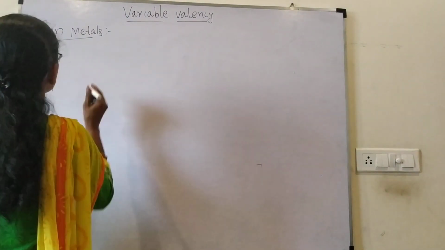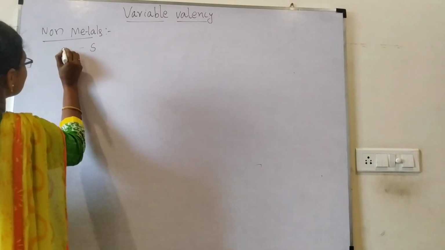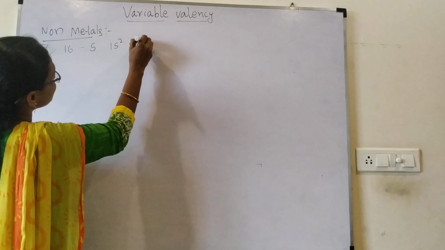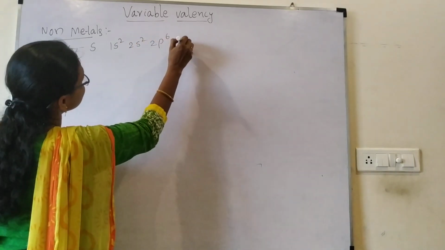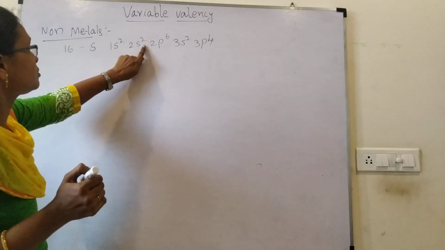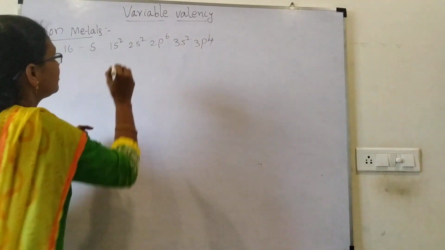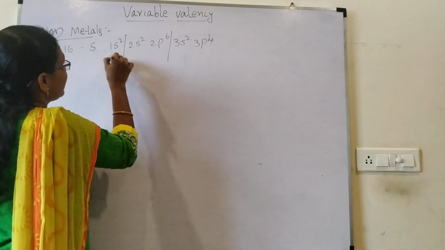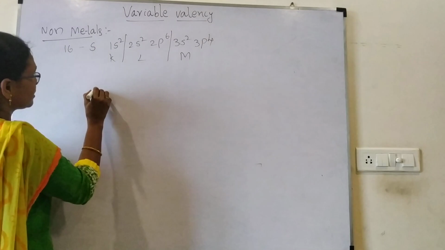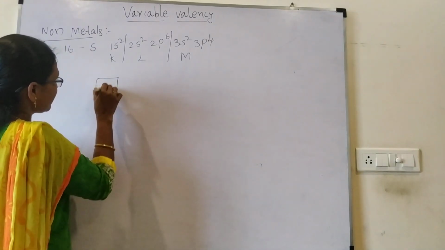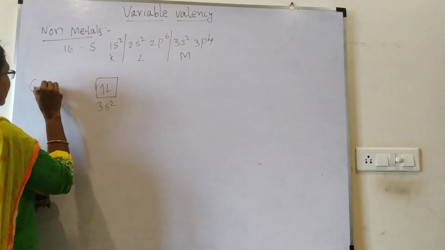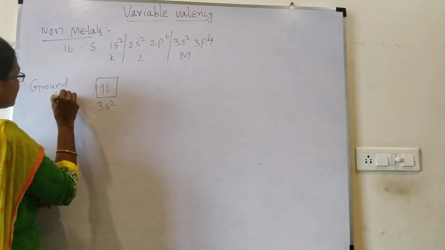Now see here, the sulfur atomic number is 16, right? So the configuration we write is 1s2, 2s2, 2p6, 3s2, 3p4. Correct, no? So 2 plus 2, 4, 10, 12, 16. The valency shell is K, L, M, right? So take the valency shell configuration: 3s2, 1 and 2 electrons, at the ground state configuration.